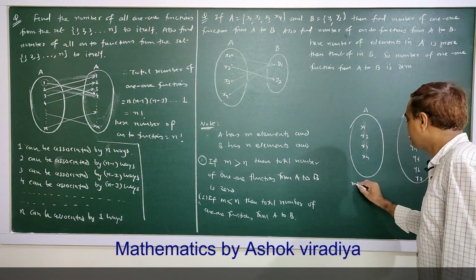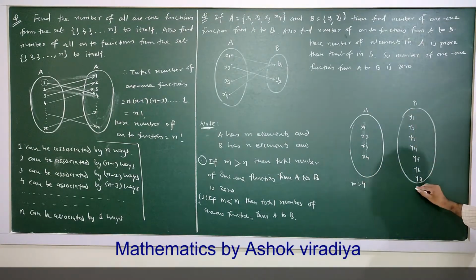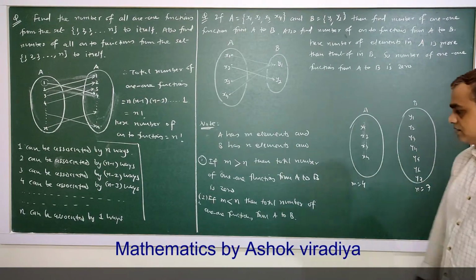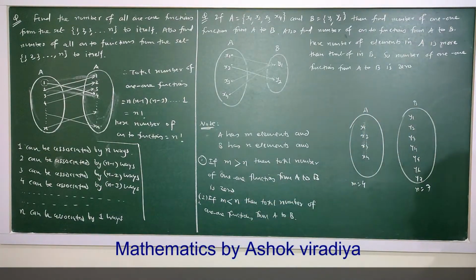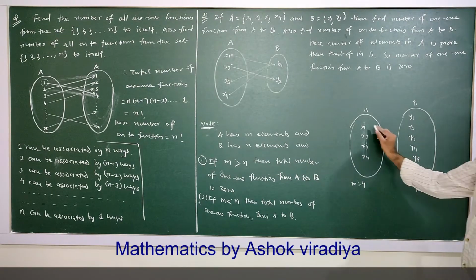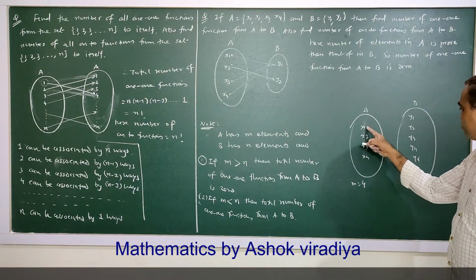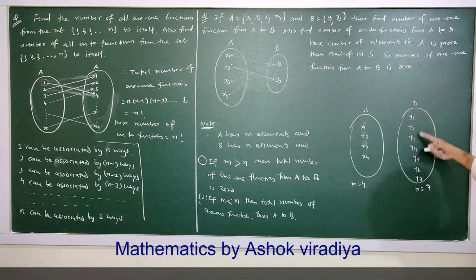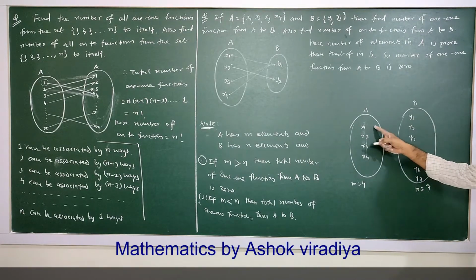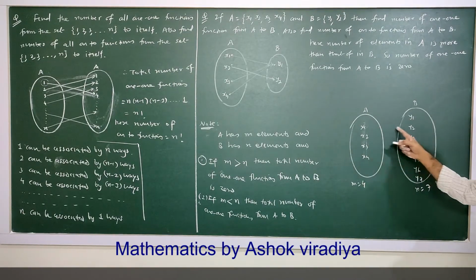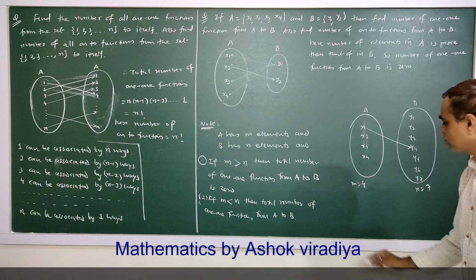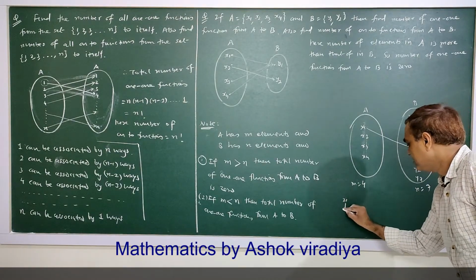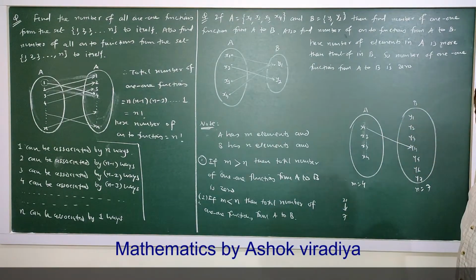M is 4, N is 7. 4 is less than 7. Now creating a 1-1 function. x1 can be joined in how many ways? 7. x1 can be joined in 7 ways. It can be joined to y1, y2, or y3. Suppose we are joining with y4. So x1 can be joined in 7 ways.